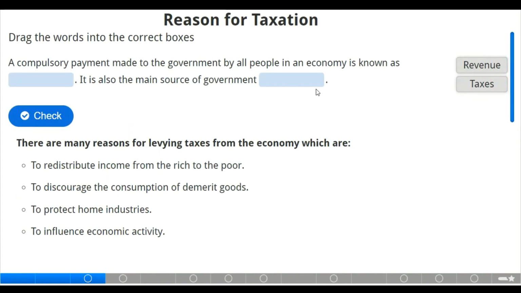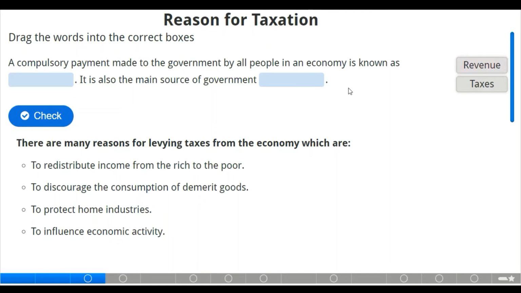Moving to the next slide, we now have the reason for taxation. Why do governments levy tax on individuals or firms? Now we have a compulsory payment made to the government by all people in an economy. And also, what is the main source of government revenue?